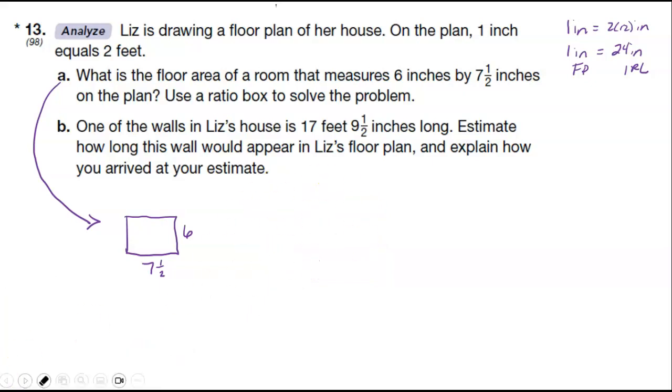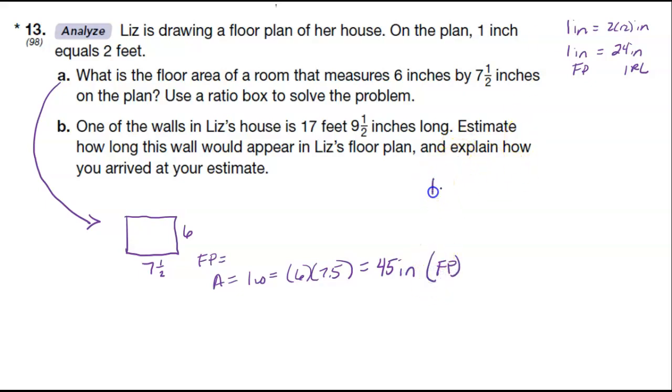I'm sure it's a case 1, case 2 kind of thing, but this is on the floor plan, and I know that the area is equal to length times width, so that's 6 times 7.5. Let's see, 6 times 7.5 is 45, yeah, 45 inches, so that's on the floor plan.